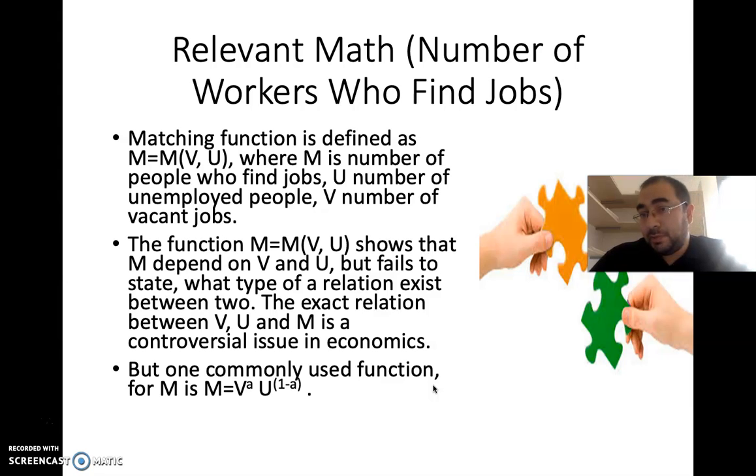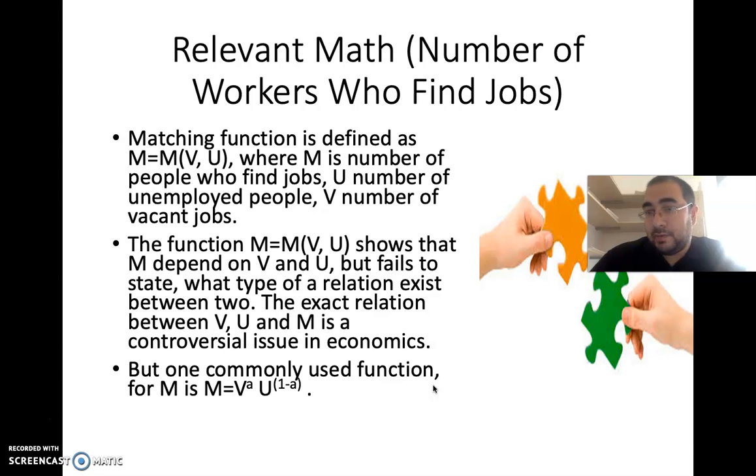And as I said before, the number of unemployed people depends on first how many people are fired and how many people enter the labor force. And using the matching function, you can calculate the steady state. I mean, at the steady state, the number of people who are entering the labor force and fired should be equal to the matching rate, basically.